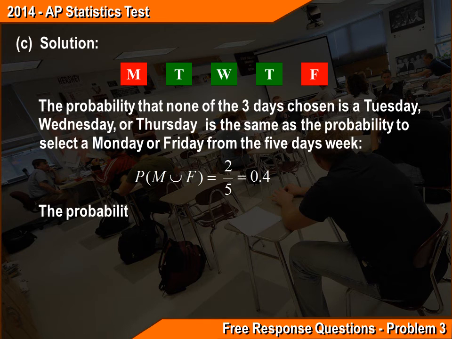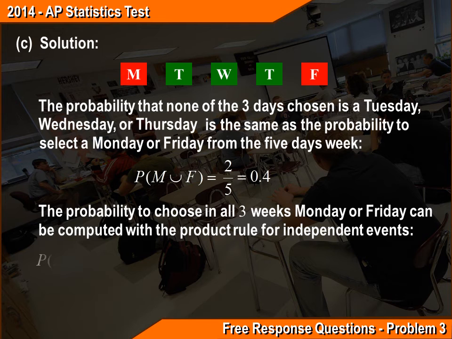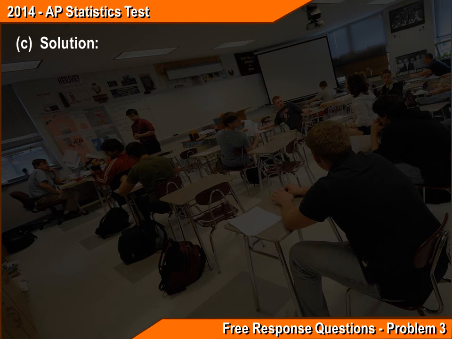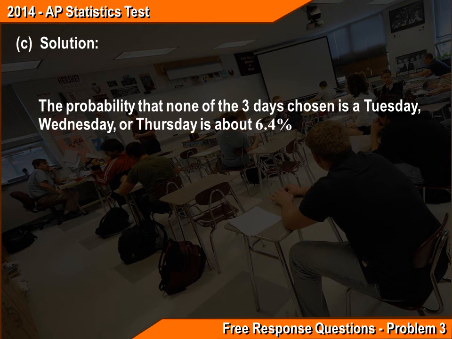The probability to choose a Monday or Friday in all 3 weeks can be computed with the product rule for independent events, and in this case the product of these 3 probabilities is 0.064. Then, the probability that none of these 3 days chosen is a Tuesday, Wednesday, or Thursday is about 6.4%.